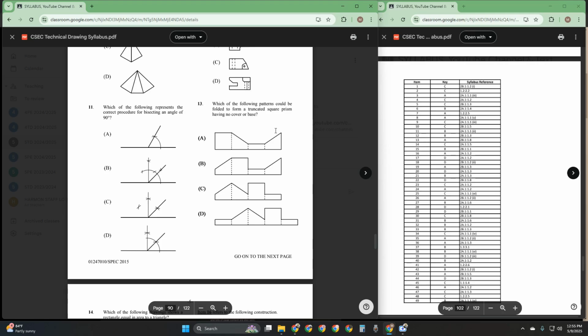The answer for number 13 is A, and A makes sense. If you fold this up, you can see the square prism where it is truncated, and there's no top or bottom.